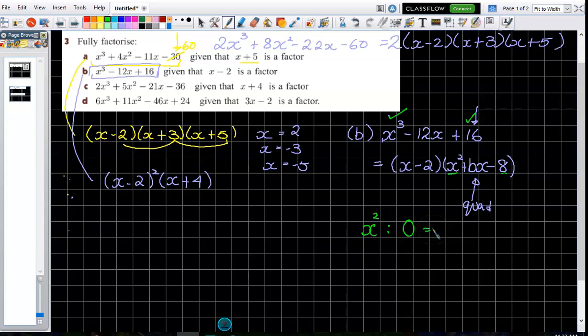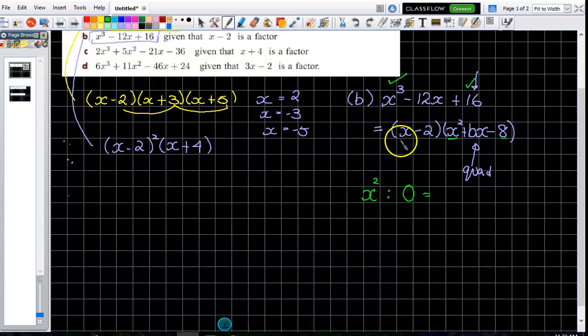Now we look at this whole bit here. How do we actually get x squared? You get an x squared by timesing x by x, so that's actually bx squared, correct? And how else do we get an x squared? The minus 2 and the x squared.